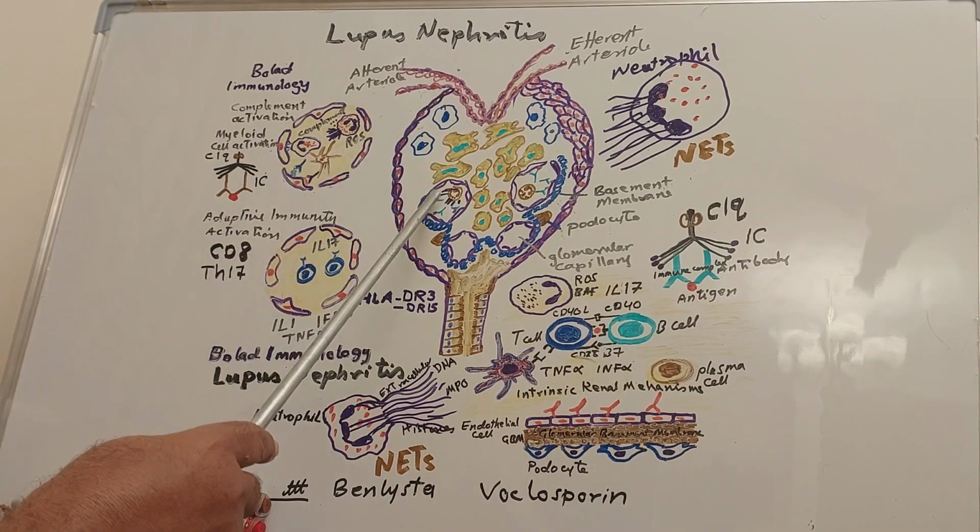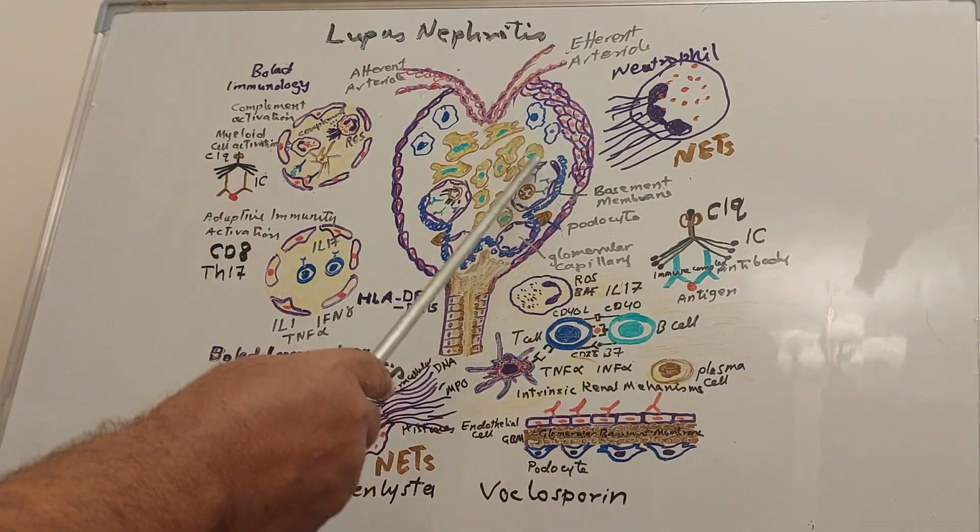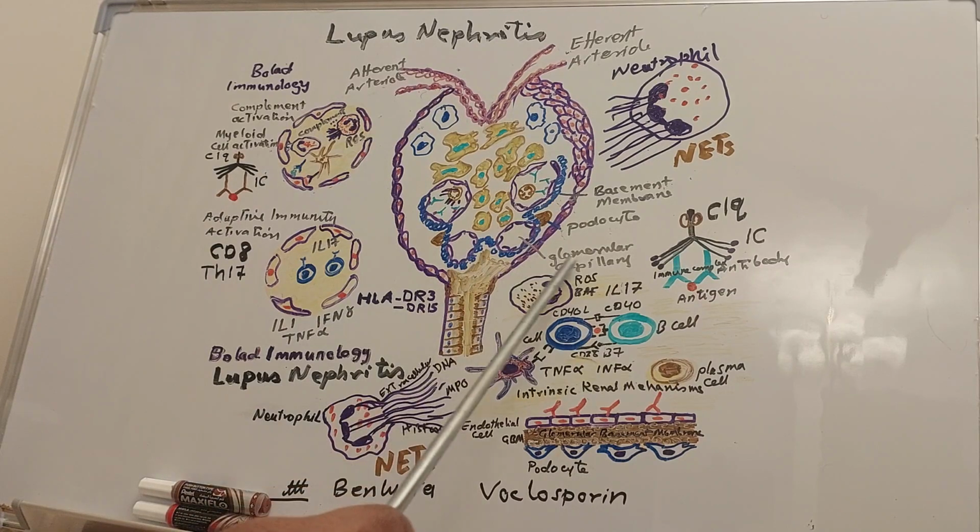These antibodies within the glomerulus or the capillary bind to the glomerular capillary endothelial cells, and this involves antibody binding to multiple intrarenal autoantigens rather than deposition of circulating immune complexes. And also CD8 and T helper 17 T cells as well as B cells infiltrate the kidney in lupus nephritis.